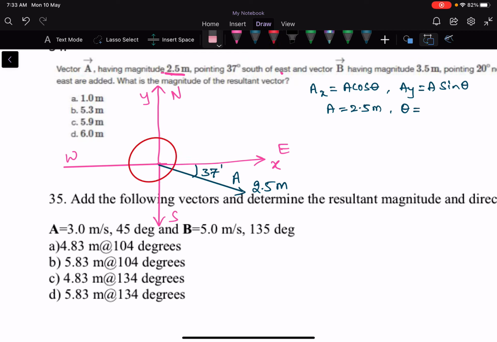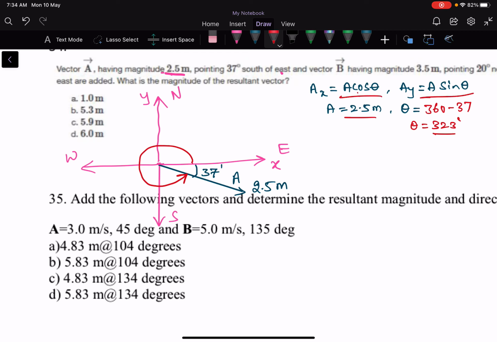So here I am taking theta from here to here. Theta is nothing but 360 minus 37 degrees, so theta is equal to 323 degrees. So we know A value and theta value, so you can find out Ax and Ay.